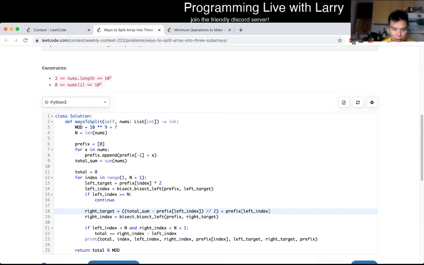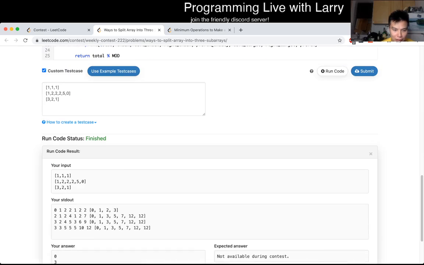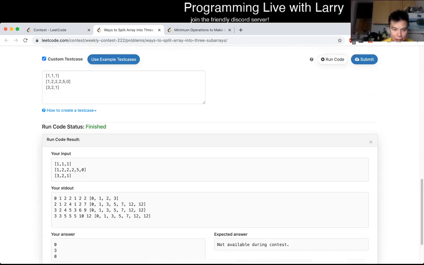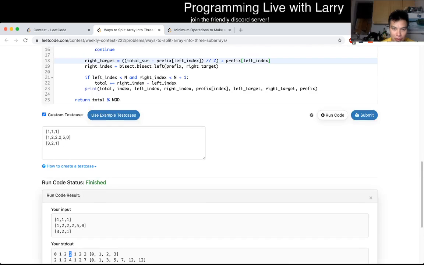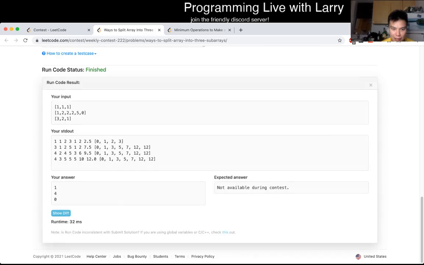Okay, so fix this one, but then now this one's wrong. Why? That's why target is 2, even though it should be 3, possibly due to rounding error. Oh, that didn't help.